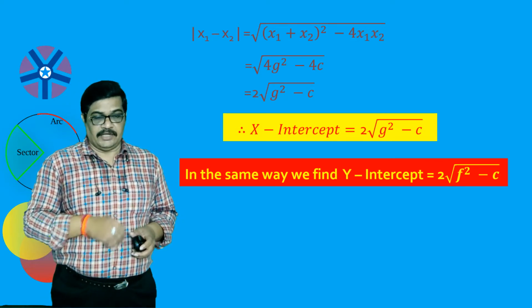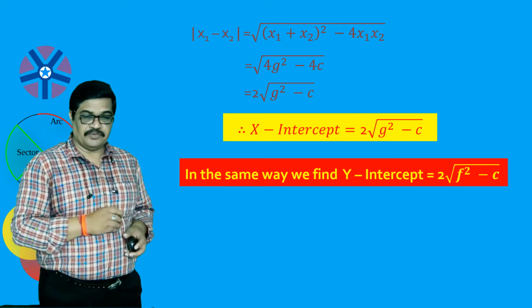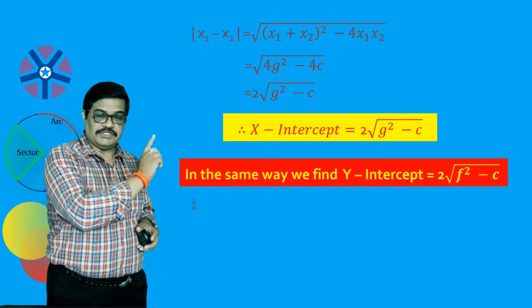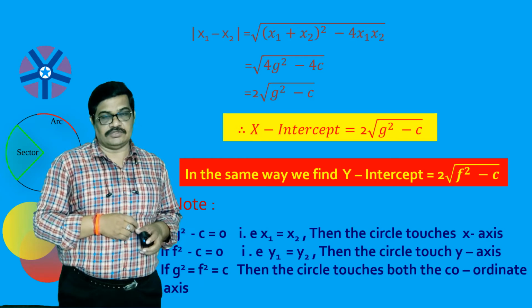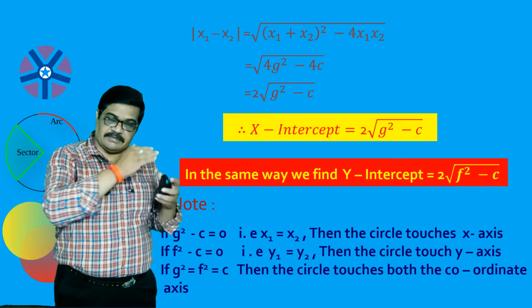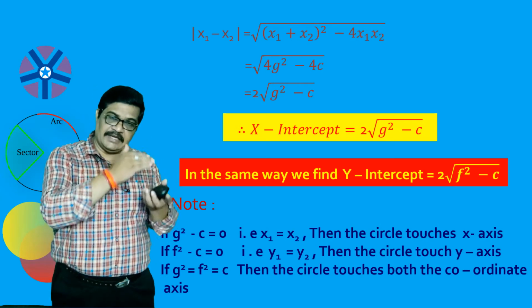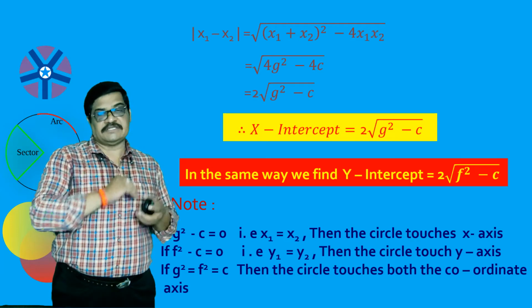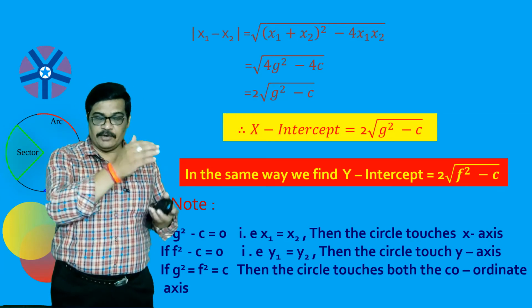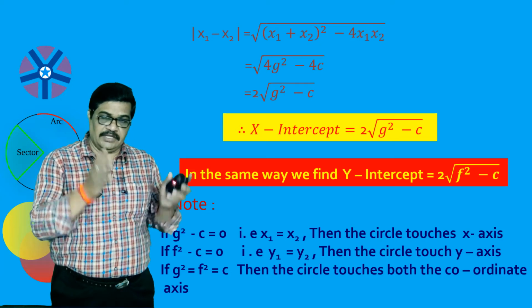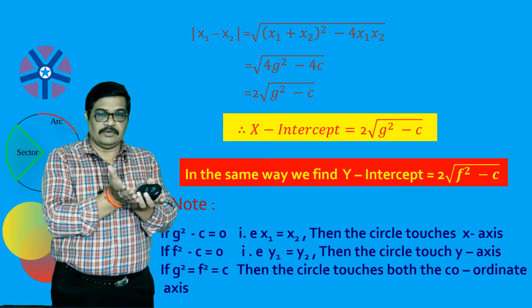Okay. Next, note here, if g square minus c is equal to 0, that is, if the x-intercept is 0, then the circle touches the x-axis.